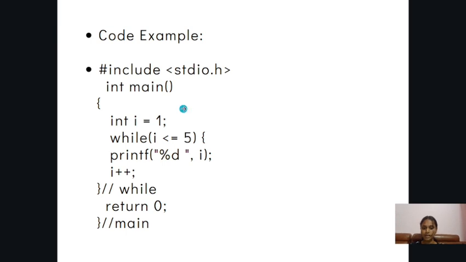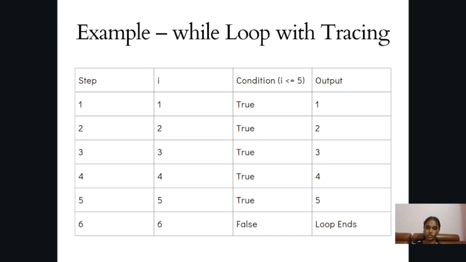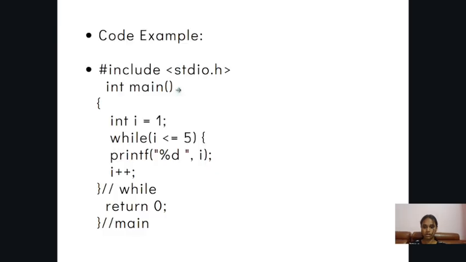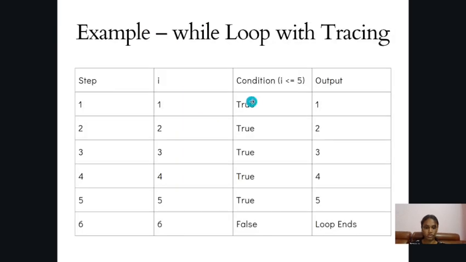i is equal to 1, i is less than or equal to 5, printf. If this is true, then this is printed, and then i is increased again. So here the i value first started with 1. So i is equal to 1, the condition is true, output is 1. Same as the for loop example.